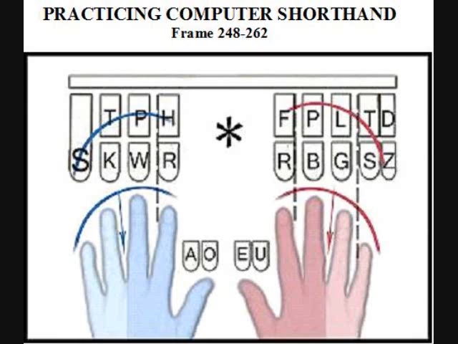Okay, frame 254 is shouldn't when it comes first in the phrase. Shouldn't I? Shouldn't you? Shouldn't he? Shouldn't she? Shouldn't it? Shouldn't we? Shouldn't they?